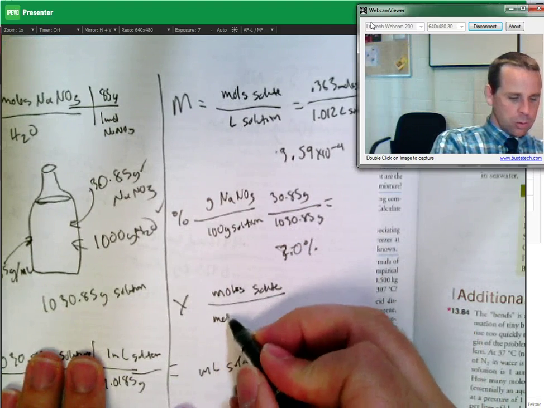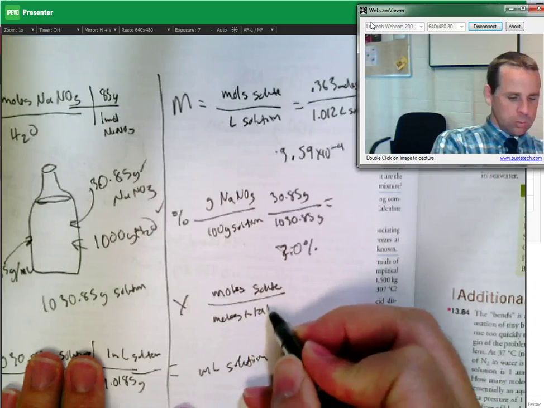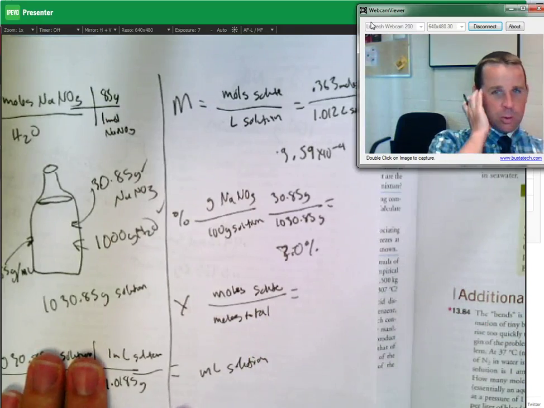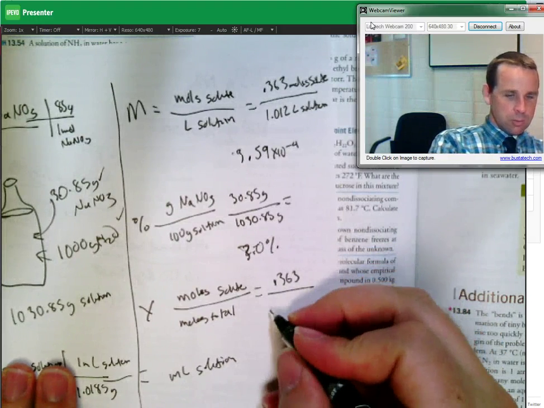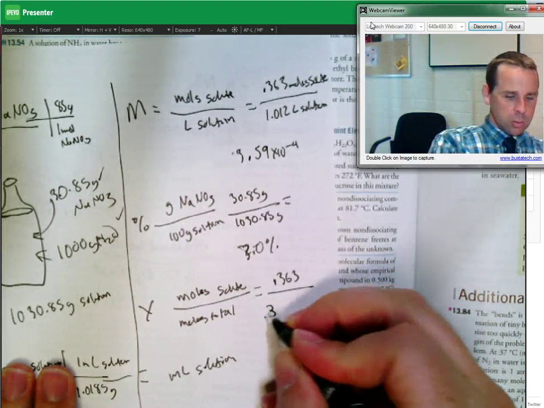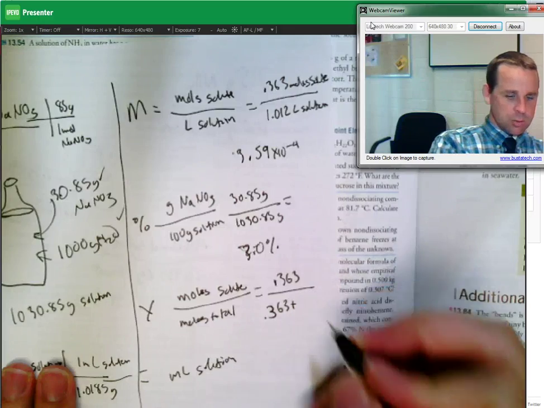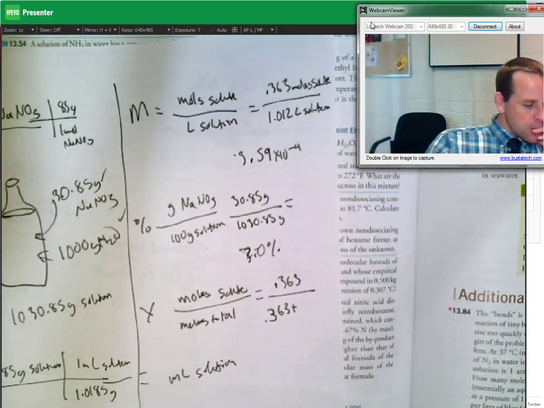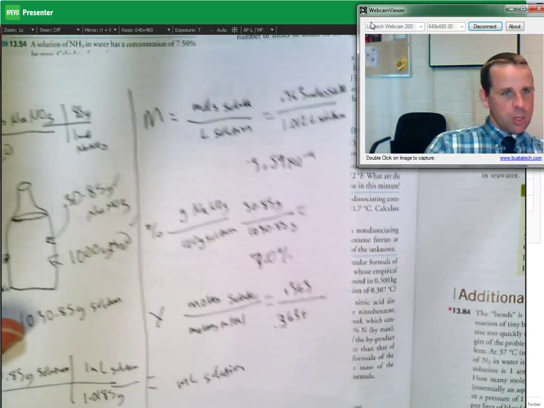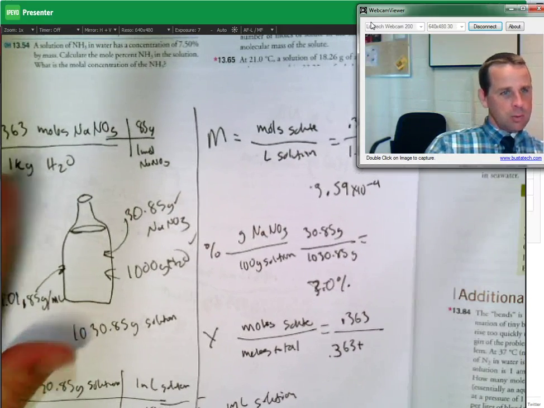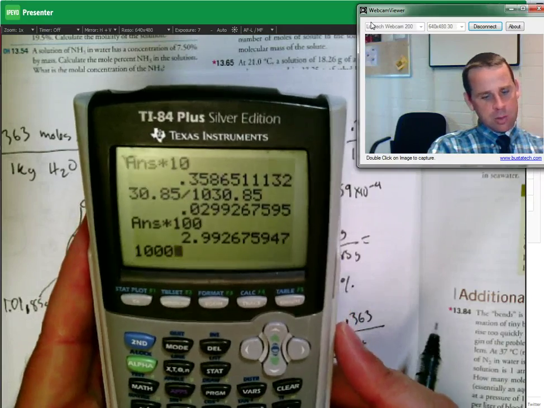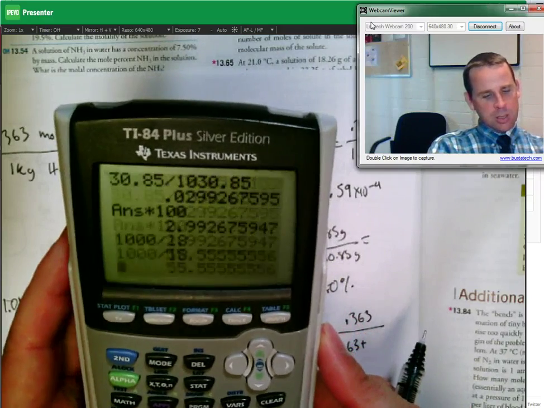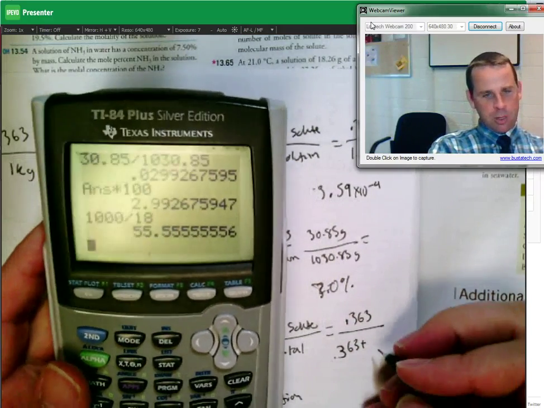over moles total. So how many moles of solute were there? 0.363 divided by total, which is 0.363 plus the moles of solvent. How much solvent was there? I know there was a kilogram of water, so I take that mass, 1,000 grams, and divide it by 18 and see that there's 55.5 moles.